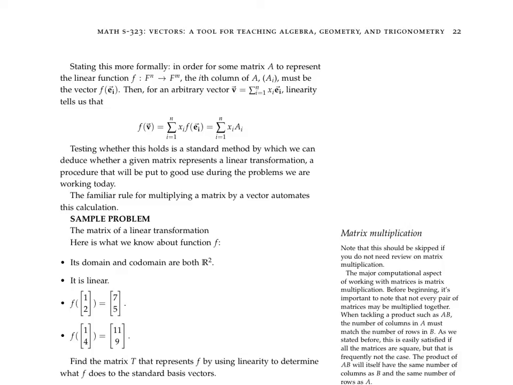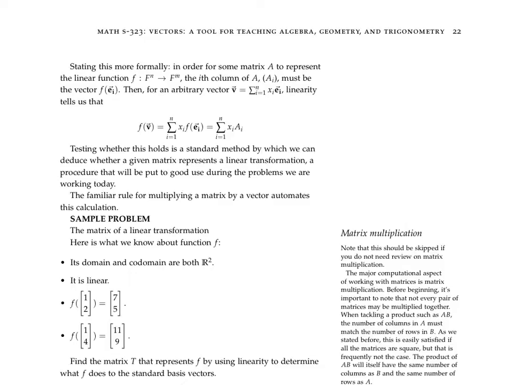The ith column of the matrix A, which we will call, this is our notation for A sub i, must be the vector that we get when our linear transformation acts on the ith standard basis vector.